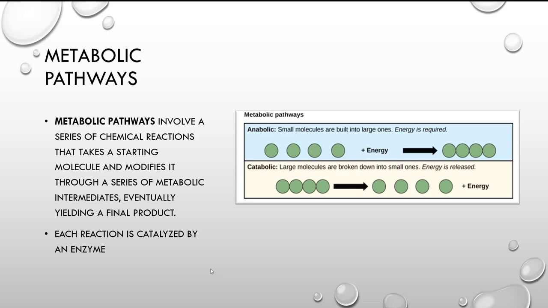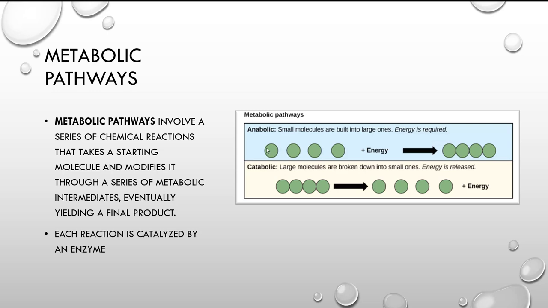Now, as far as those metabolic pathways, we can have two general types, based on the energy requirements. In an anabolic metabolic pathway or anabolic reaction, energy is required. This is where small molecules are built into large ones.